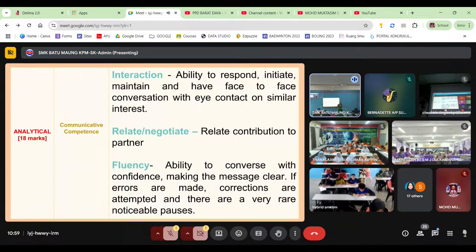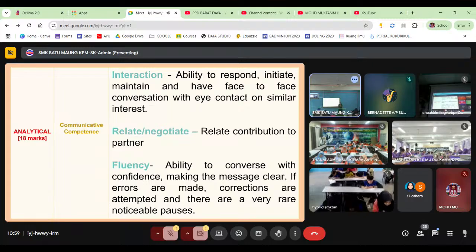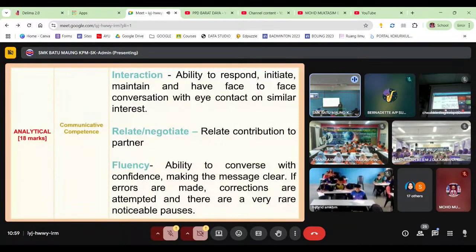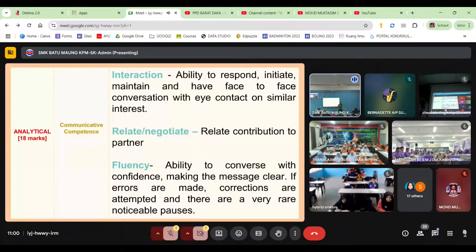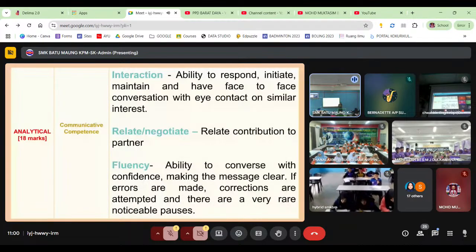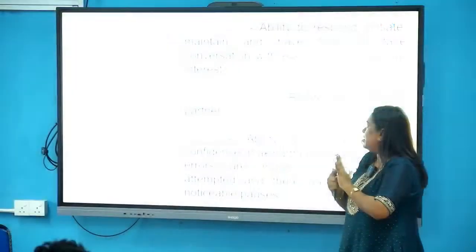So when you interact, make sure you provide proper points. State your points clearly. Elaborate your points. Provide justification. Provide supporting details. And if possible, give examples. That would be very good if you can give examples.